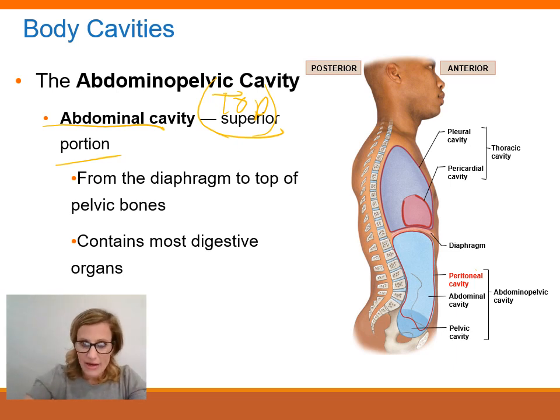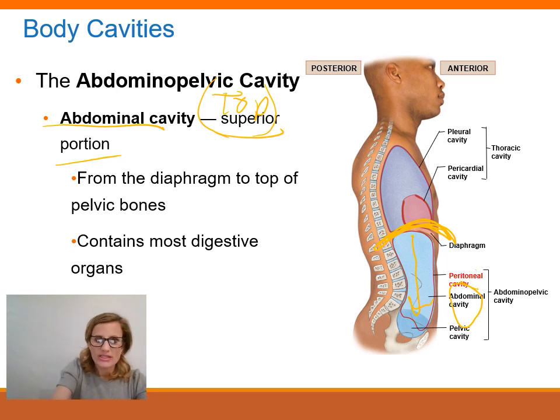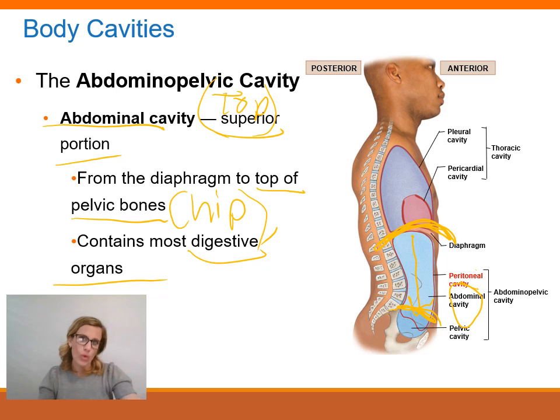It's from the diaphragm, which, remember, was this big dome-shaped muscle. So the abdominal cavity extends from the diaphragm down to the top of the pelvic bones or the top of the hip bones. So it's all of this that you see in light blue. That's the abdominal cavity, and it contains most of the digestive organs.